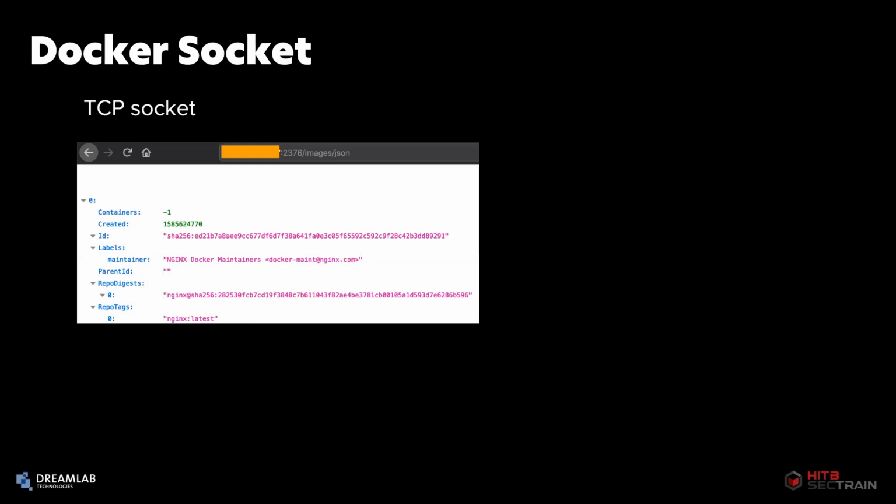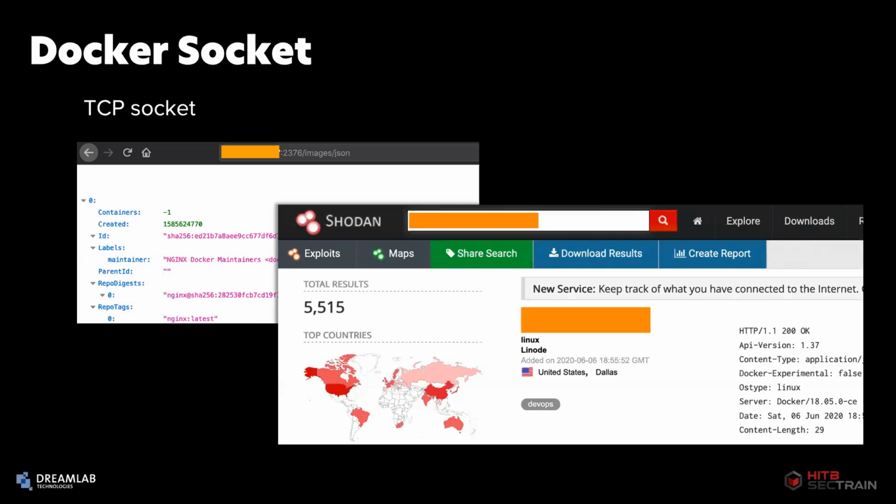So guess what? Yes, if you look at Shodan, there are thousands of Docker installations exposing this API to the internet. So unfortunately, an attacker may take control of most of these clusters with a few commands without even prompting for authentication, right?